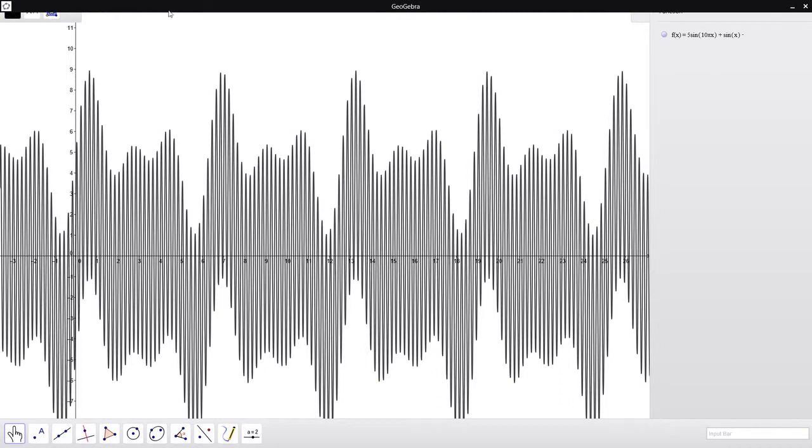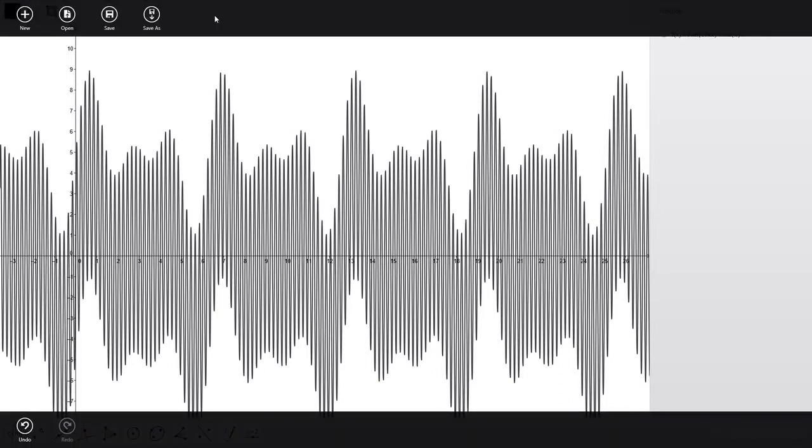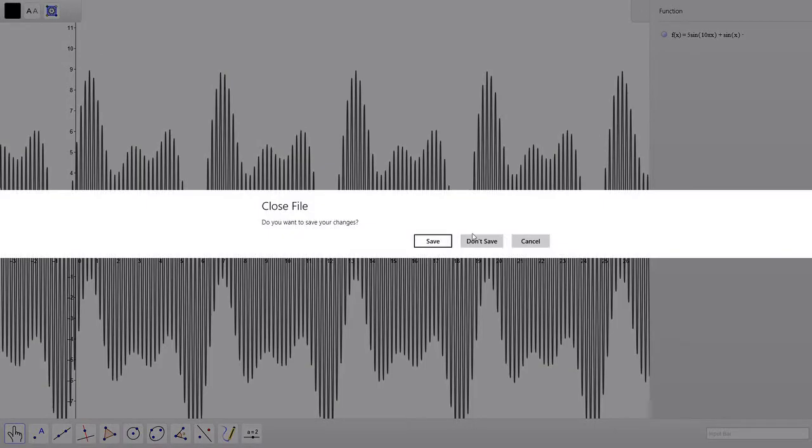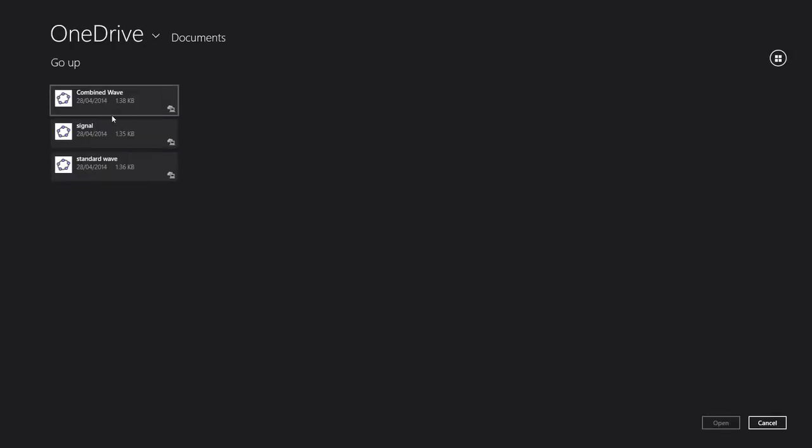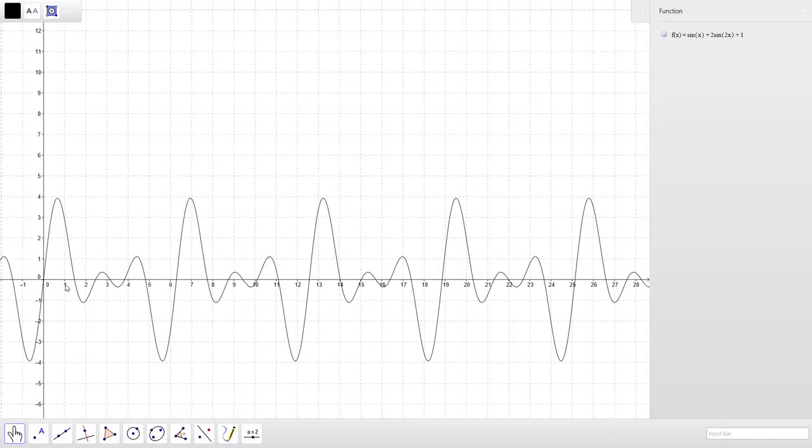I'll show you the original signal again, just to have a look. So the original signal looks like this. It goes up, goes down a little bit. We can do a check. It goes up at around 1, goes down a little bit, then goes up.